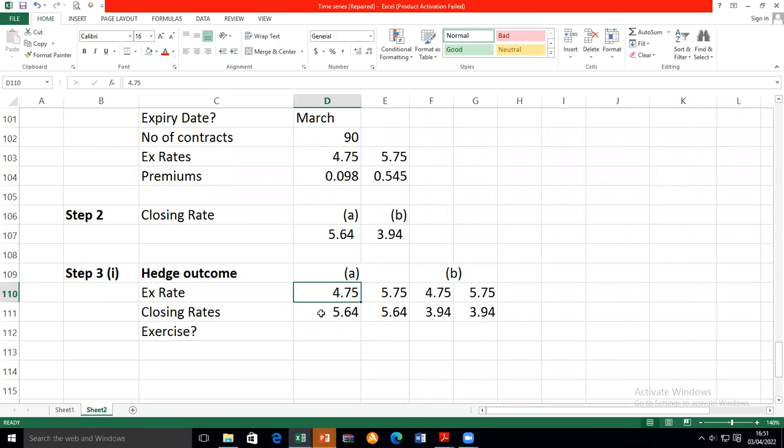In the closing markets, the rates now are 5.64. Are you going to use this right? You have a right to invest at 4.75. The closing rates are 5.64. Are you going to use that right? Yes.